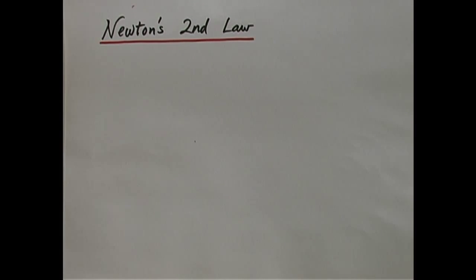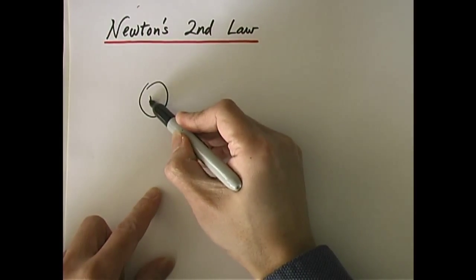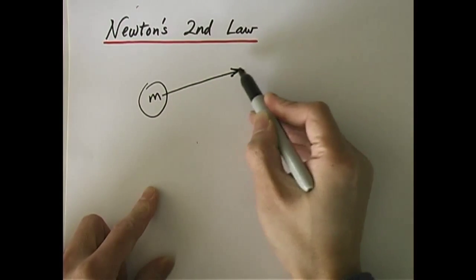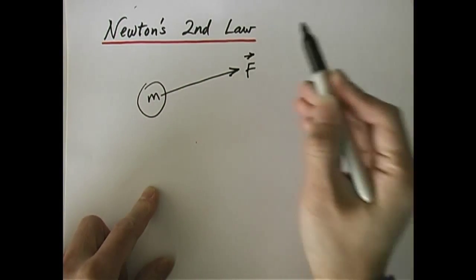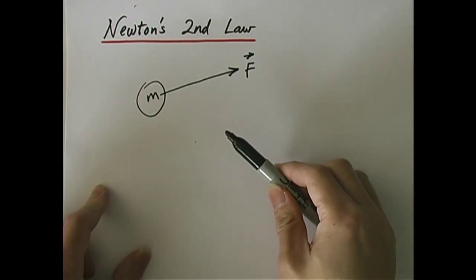Now different forces acting on different objects will have different effects in terms of changing velocity. If you look at a small object without much mass and apply a lot of force, obviously its velocity is going to change very quickly. Like this pen, it doesn't have much mass.